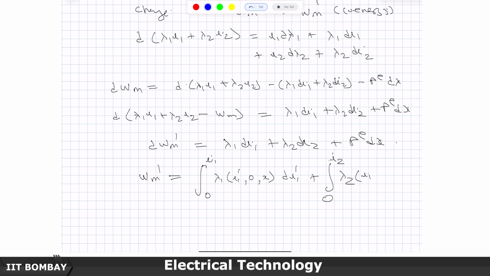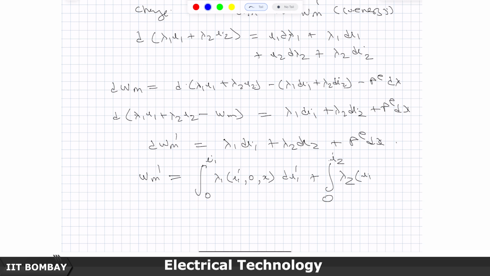Then I say path 1, which is I going from 0 to I1, and that will have a work integration which will happen here, but because I2 is fixed at 0, nothing will happen here. So, therefore, this term does not play any role. So, when I am integrating, on path 1 only the first term comes into picture.